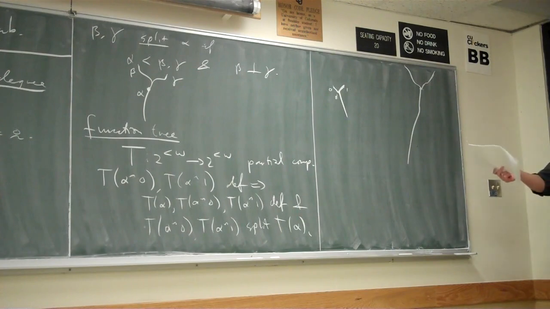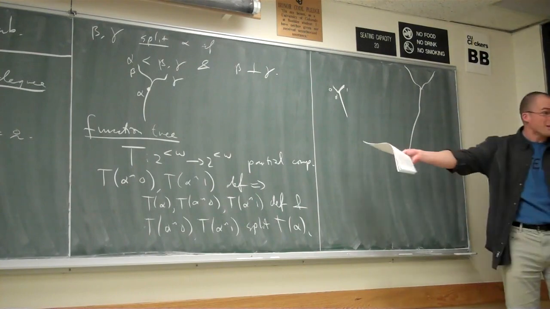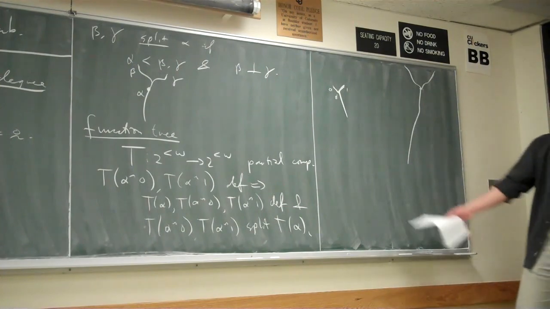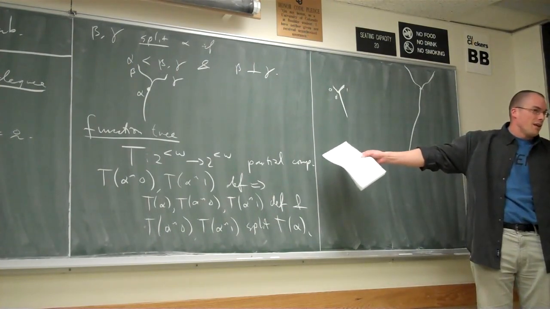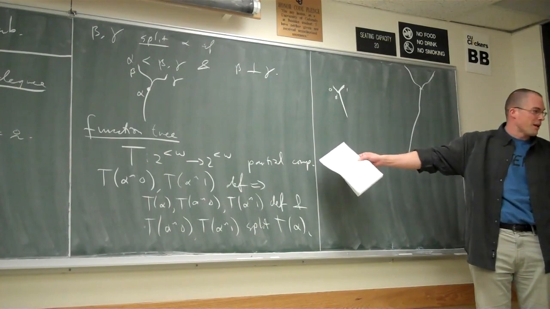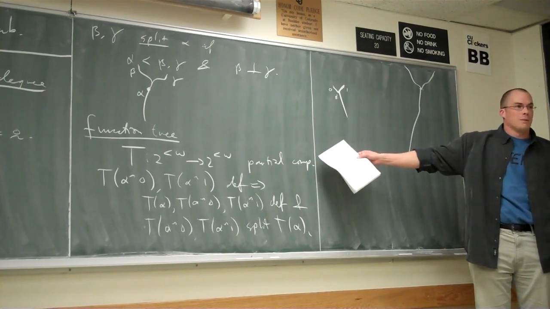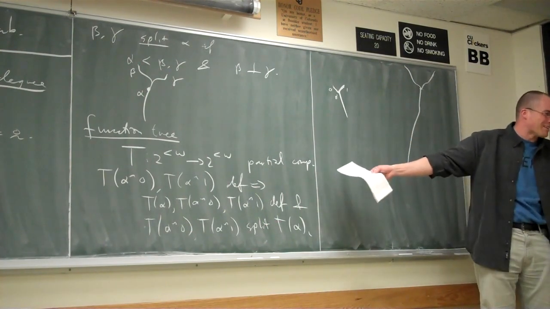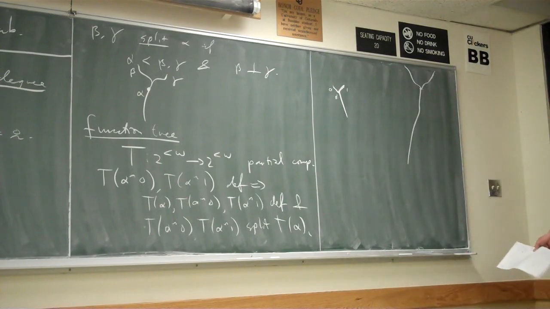Oh, it's possible to be partial, yes. The conditions on what is defined and what's not prohibit you from only going off in one branch, I think. If one direction is defined, then the other is as well. The domain here is a binary tree with this additional condition that it splits everywhere where it's defined. Yeah, that's exactly what it is.